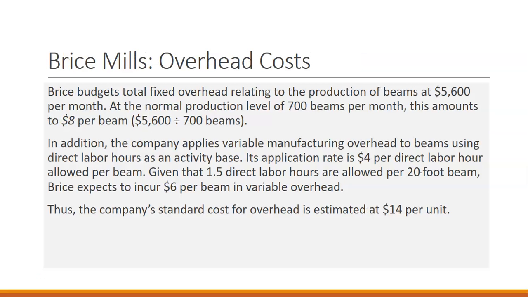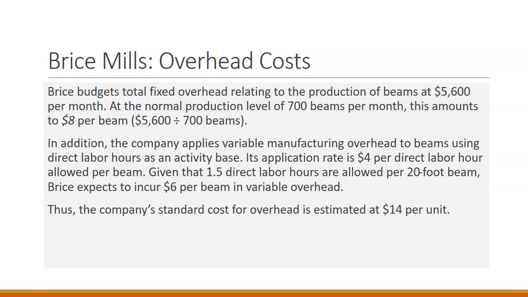For our Bruce Mills Company, we budget fixed overhead relating to the production of beams at $5,600 per month. Under our normal production level of 700 beams per month, this equals $8 per beam. And we apply variable manufacturing overhead using direct labor hours as an activity base.